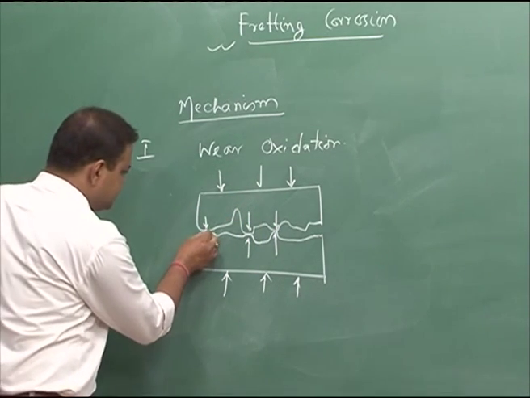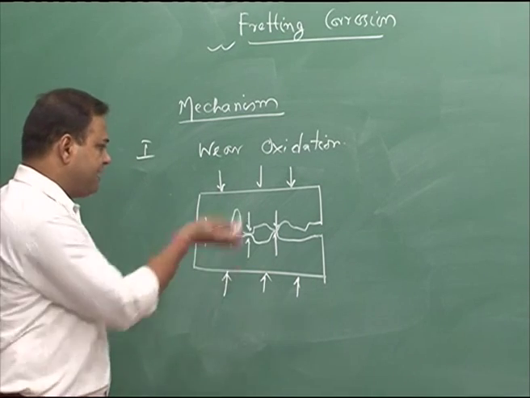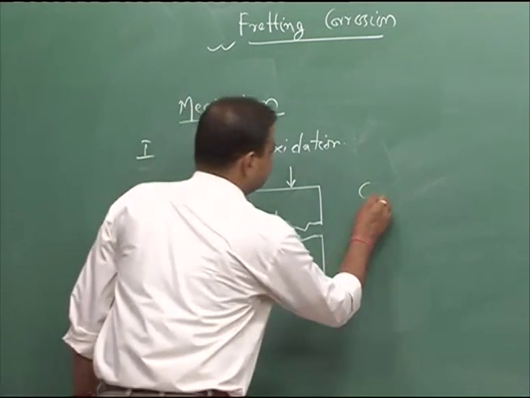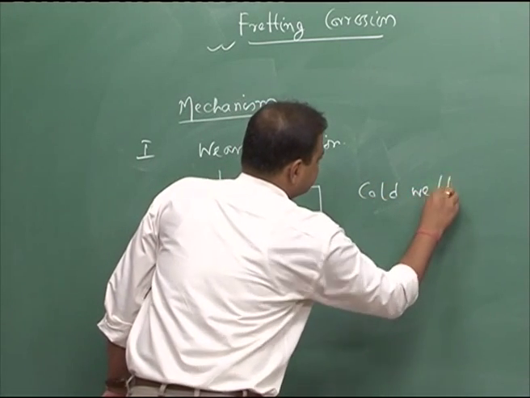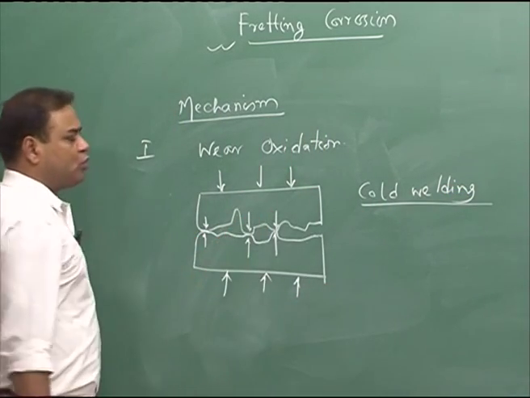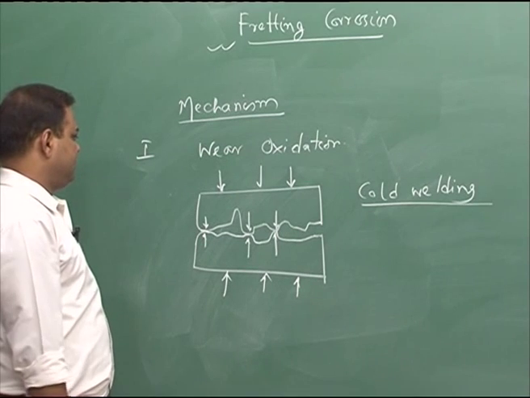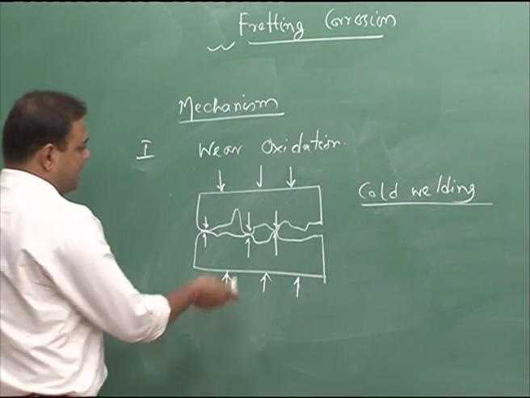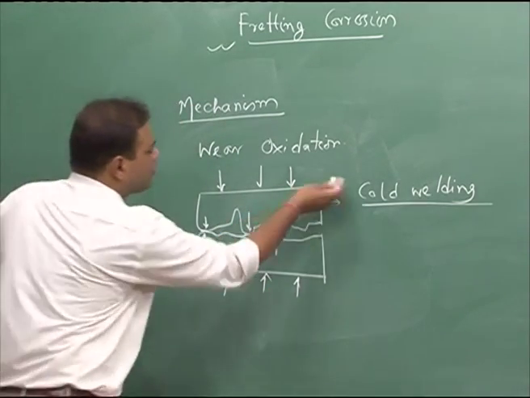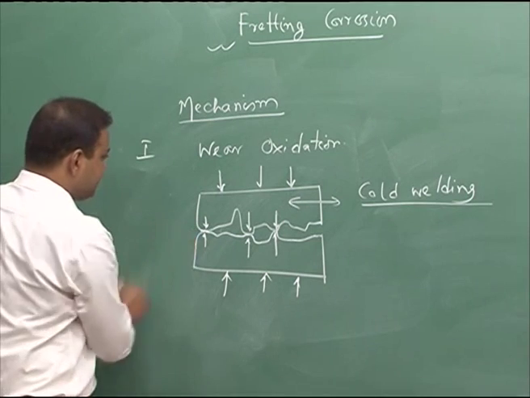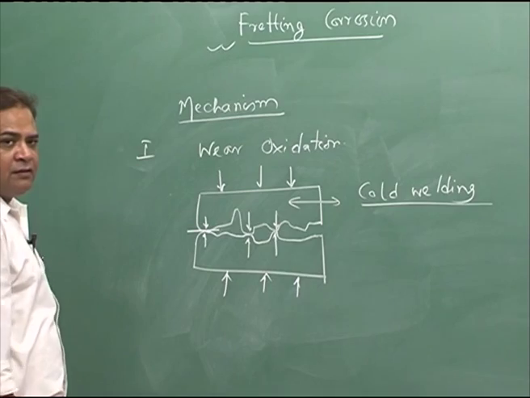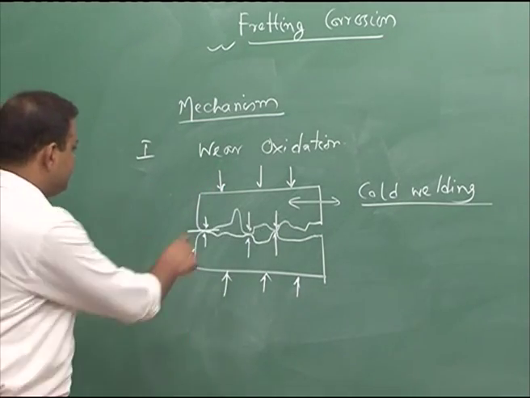Now, if you have a very large pressure on these parts, there could be a possibility of cold welding. So, if these zones are getting cold welded due to this pressure, now what happens? If there is a relative movement after cold welding, these parts would get dislocated, there would be a break in these parts.